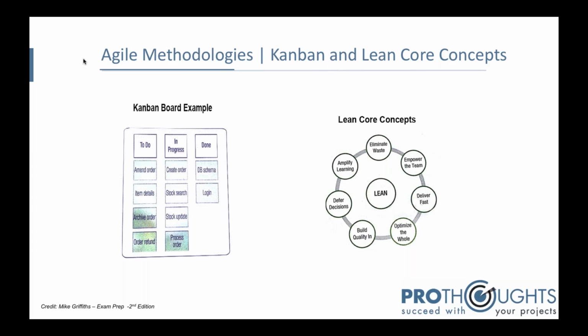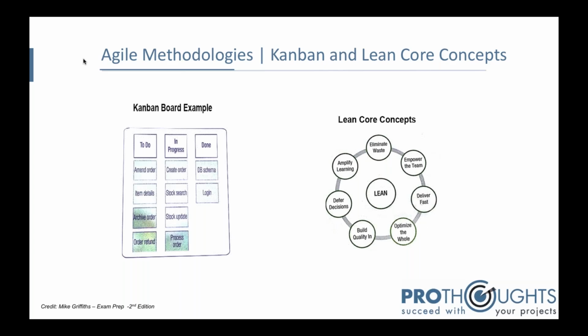Okay, the idea is the throughput, the amount of work that you do. You can track it, and if it's too much, then it's a bad example of managing a project. So there are principles of Kanban, there are lean core principles. These are different methodologies that you use in agile.